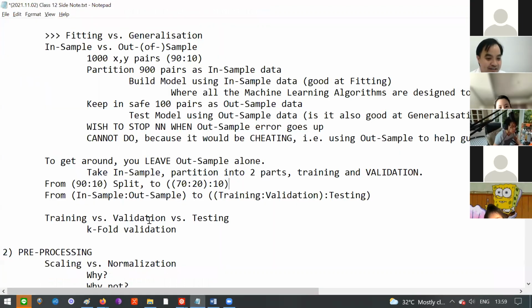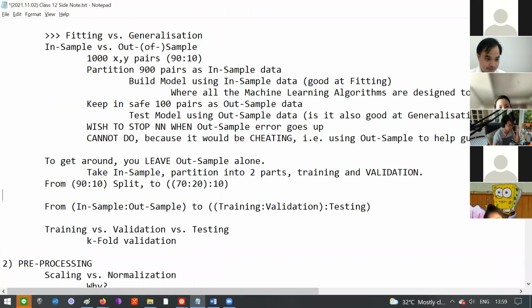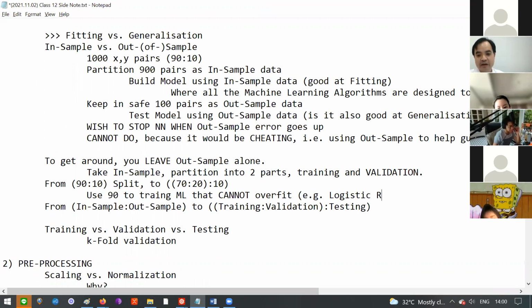So what happened is that you would use the 90 to train machine learning that cannot overfit, e.g. logistic regression or something like that, which is linear.